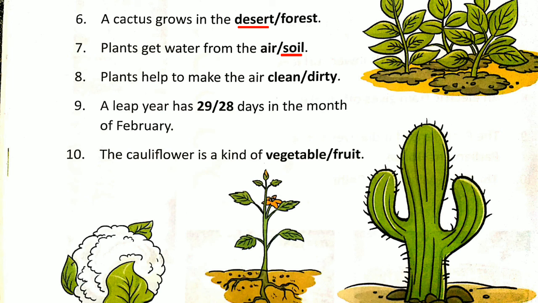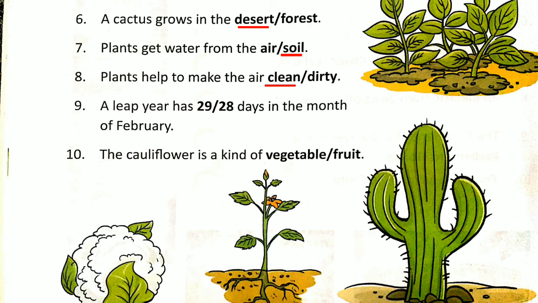Okay, now number 8, plants help to make the air clean or dirty. Plants help to make the air clean. Very good. Plants help to make the air clean, and we all depend on plants and trees. Okay, now number 9, a leap year has 28 or 29 days in the month of February.